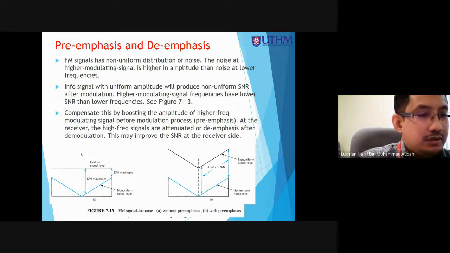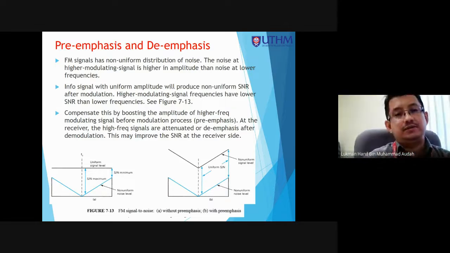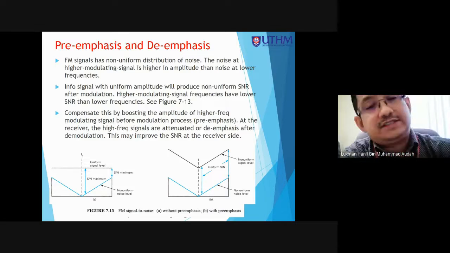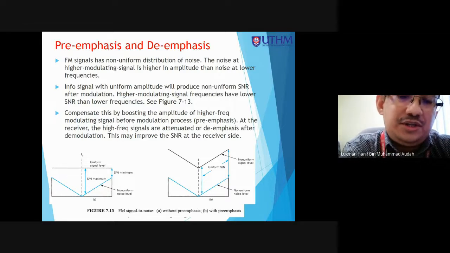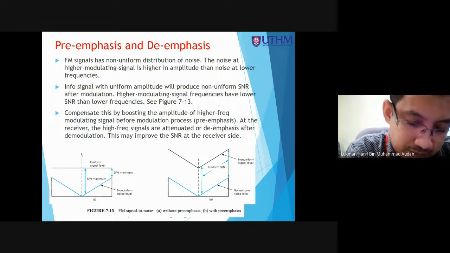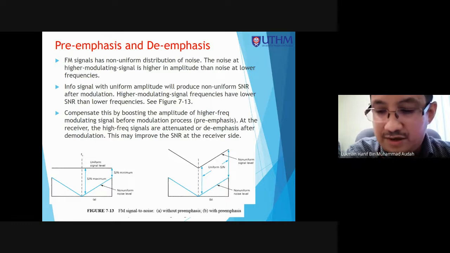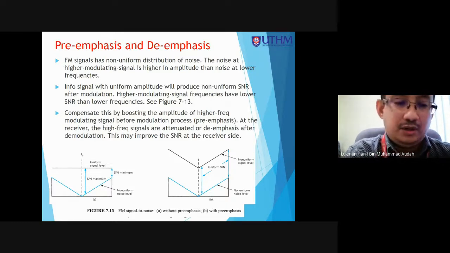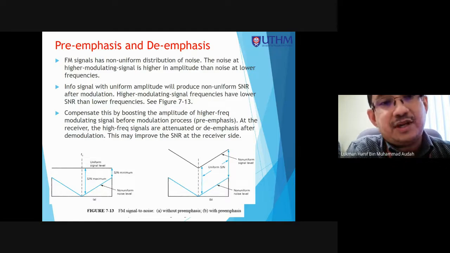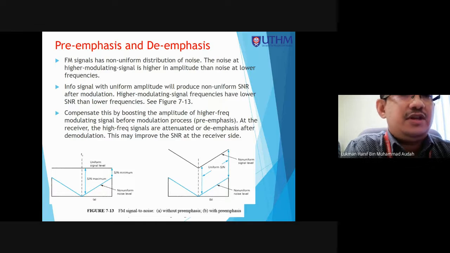So, the next topic. Ini berkenaan dengan noise. Sebenarnya noise yang you belajar dalam chapter 2, dia berkait rapat dengan chapter-chapter berikutnya. Noise ni memang sentiasa ada. So, in pre-emphasis, de-emphasis. Apa maksud pre-emphasis?